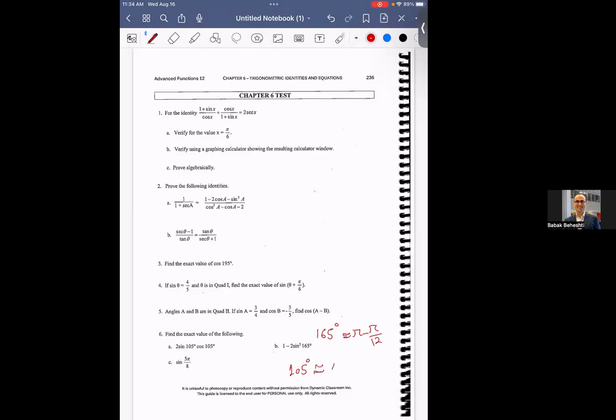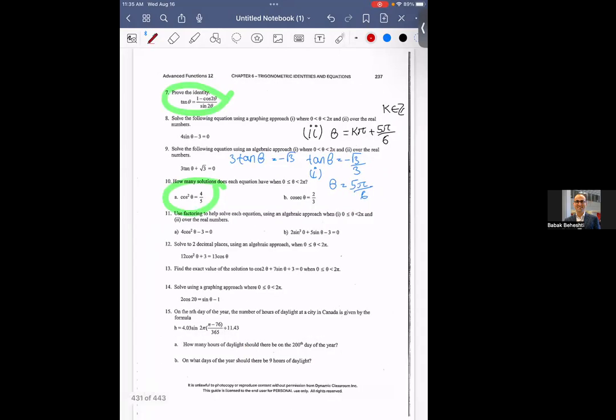You can say it's pi over 2 plus pi over 12, because 90 plus 15 is just 105, right? Good.